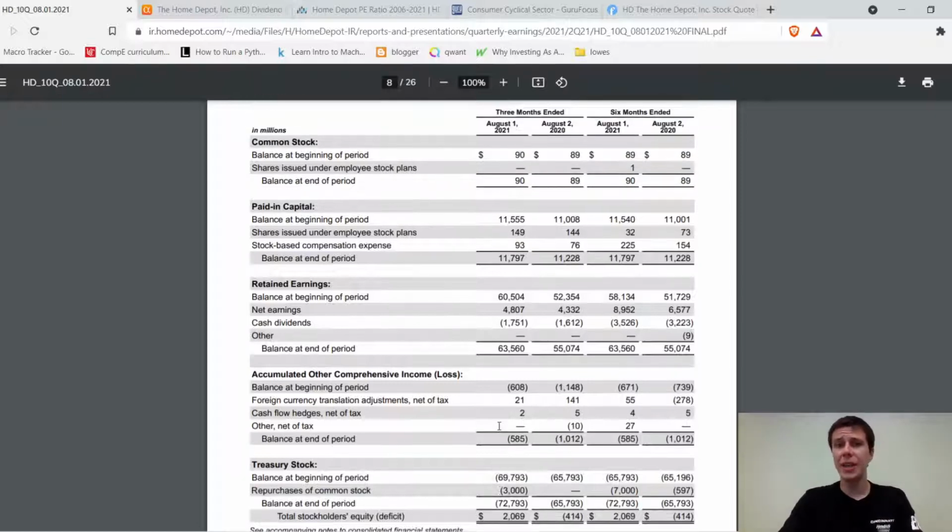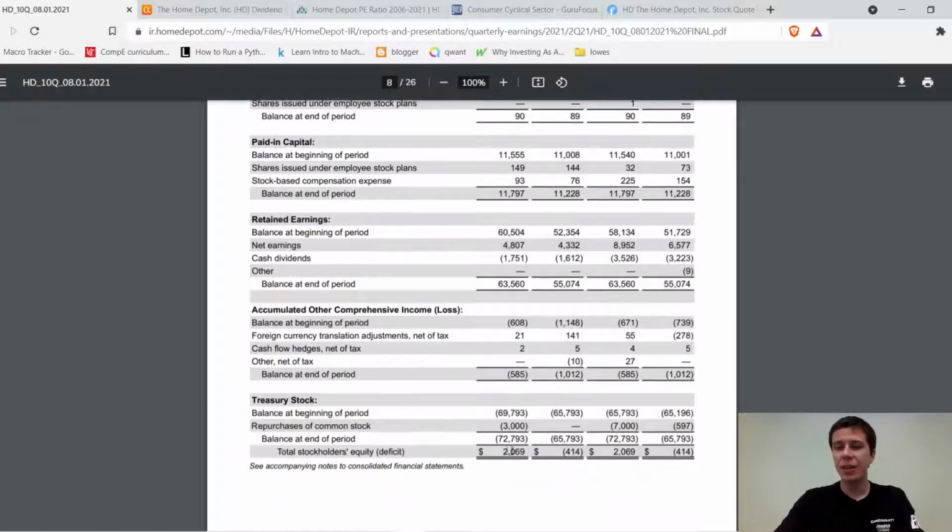And I think sometime in May of 2021, they authorized a $20 billion share buyback program over the next few years. I don't think there was a specific time. But if they buy back $3 billion of shares every quarter, that would take about 7 quarters, which is almost 2 years. So I think that's pretty good to see.